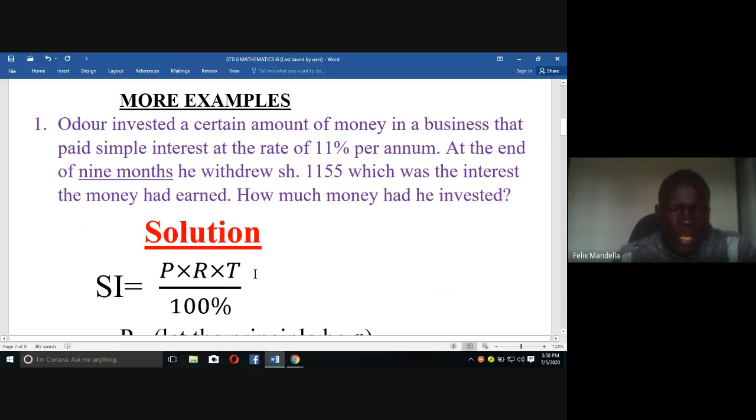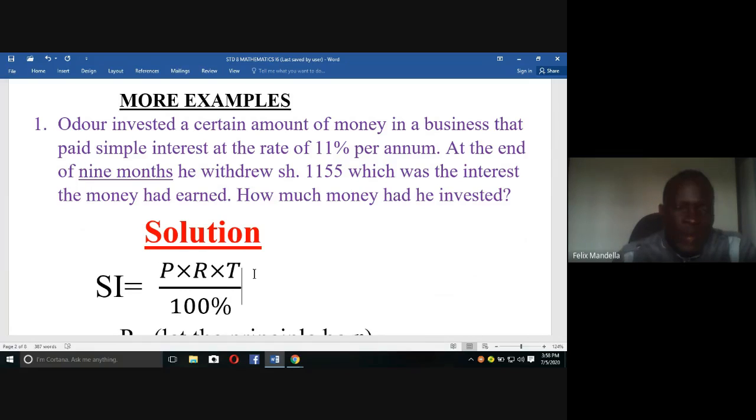We will apply the formula, and I will repeat, boys and girls. For any mathematical question that has a formula, ensure your working is based on the formula. Use the formula, and in the formula, replace what is in the question, and then the rest, you just calculate.